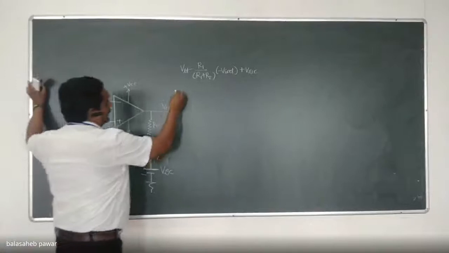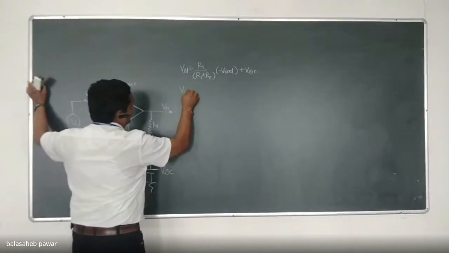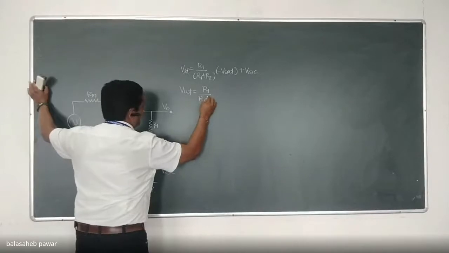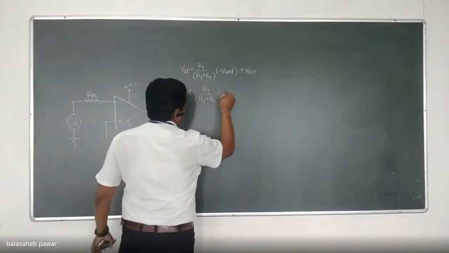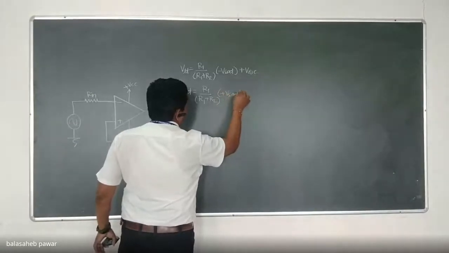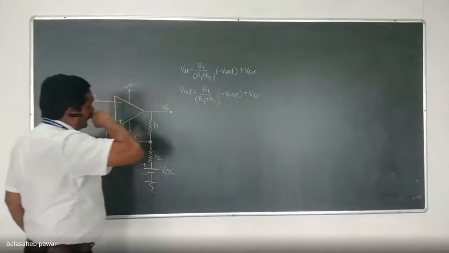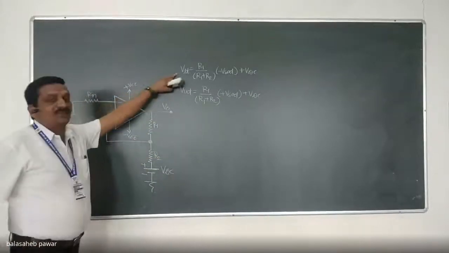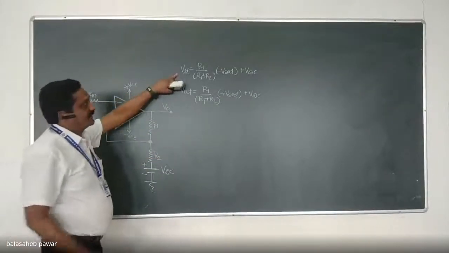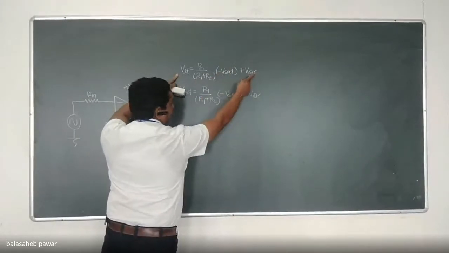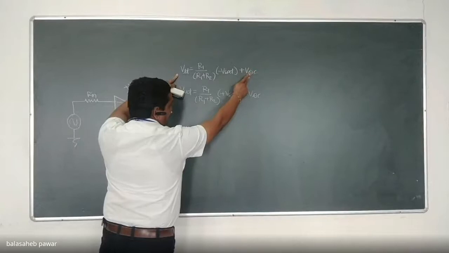While VUT will be equal to, again the same, R1 divided by R1 plus R2 into plus Vsat plus VDC. So you will observe over here, this VLT will get decreased, because this term will be a negative term, negative plus some positive DC voltage, right?